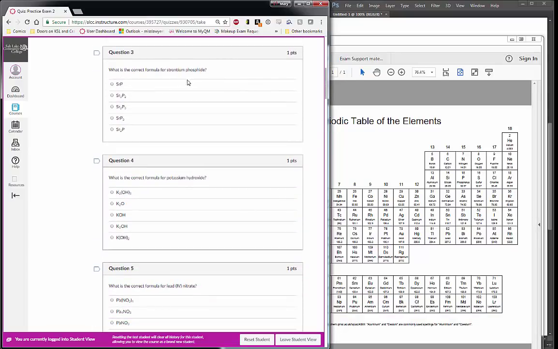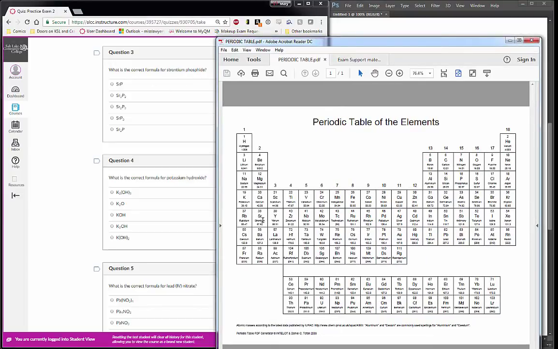What is the correct formula for strontium phosphide? So this is where we start getting into nomenclature, and as you're going to see, there's like 4 or 5 nomenclature questions on this exam, so make sure you're prepared. In this case, strontium phosphide, strontium is right here, it's in group 2, and phosphorus is right here, it's in group 5.